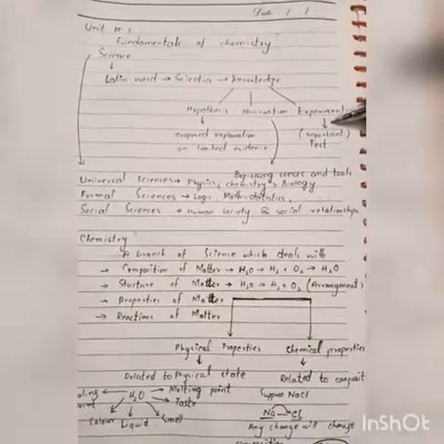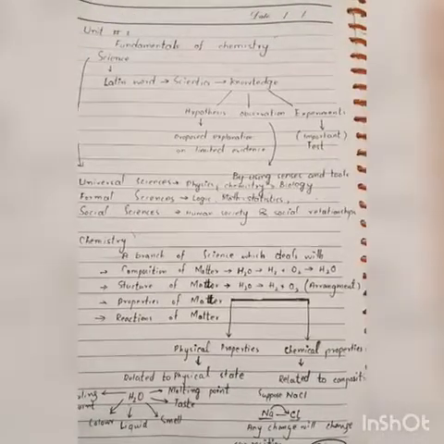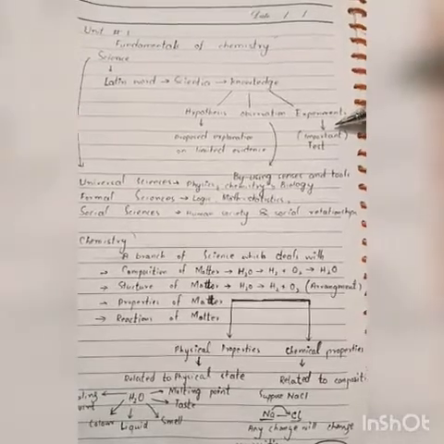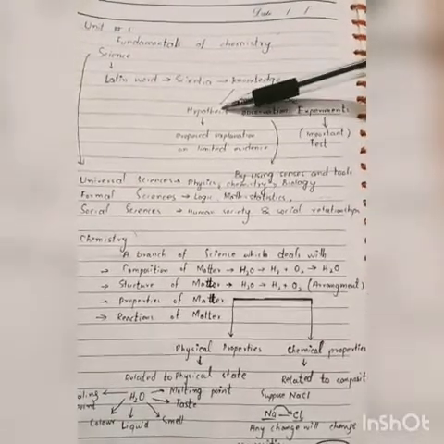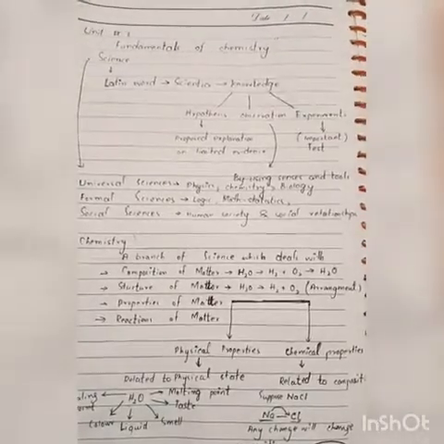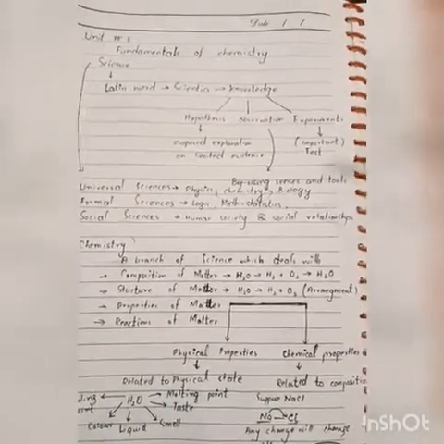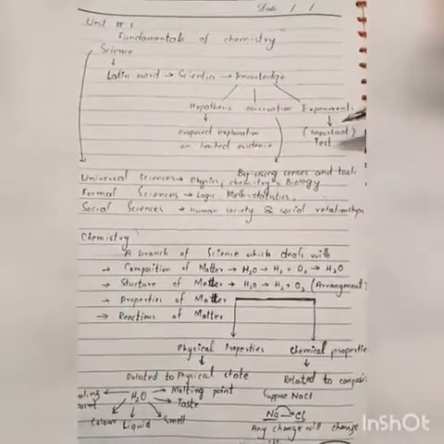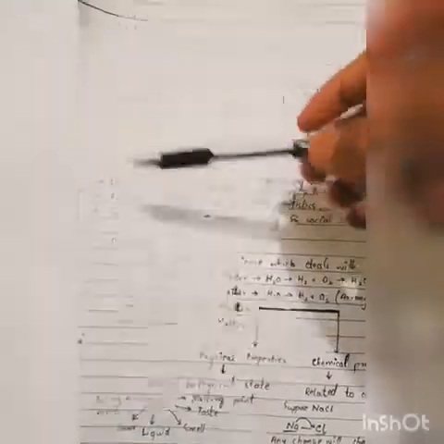The last and most important step is experiments. After experiments, any investigation will prove whether our hypothesis is correct or wrong, and if correct, the hypothesis will become a scientific law or principle.